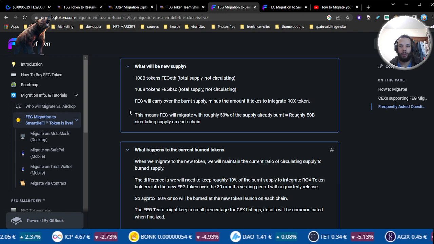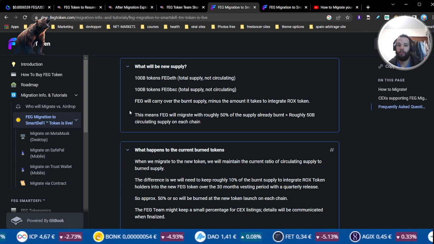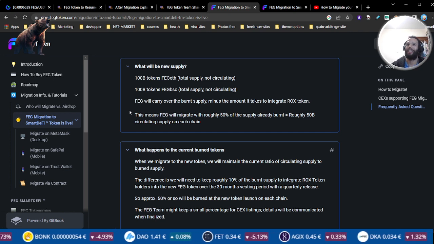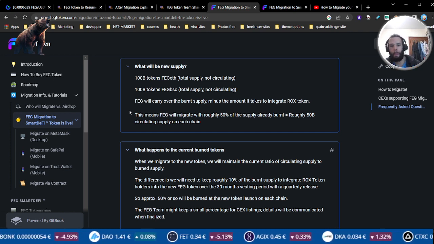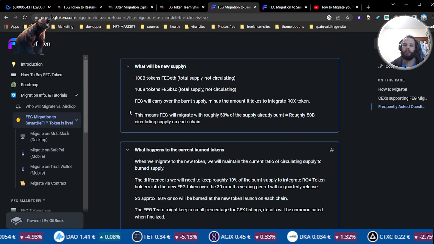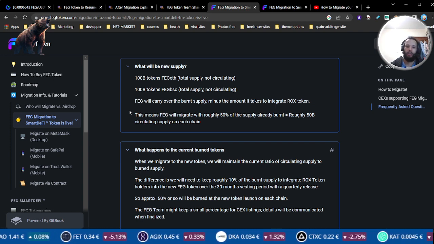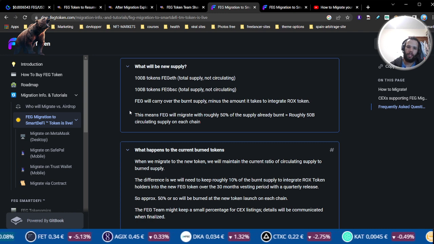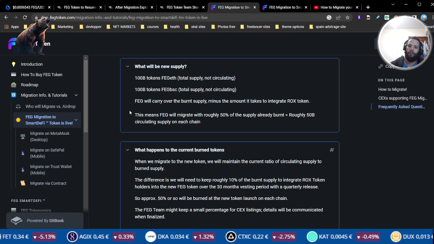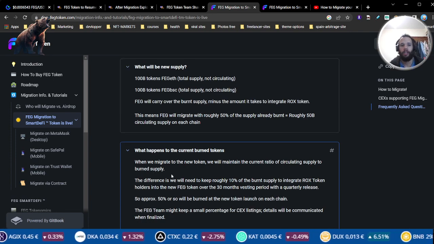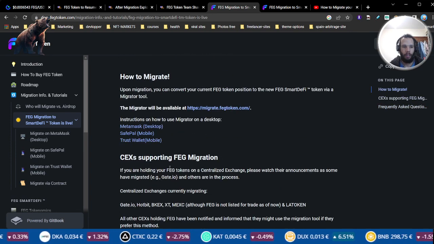The total supply before the migration will be decreased by about 50%. So after the migration, we will have the post supply decreased about 50% from the pre-supply, right? So that's how it is.